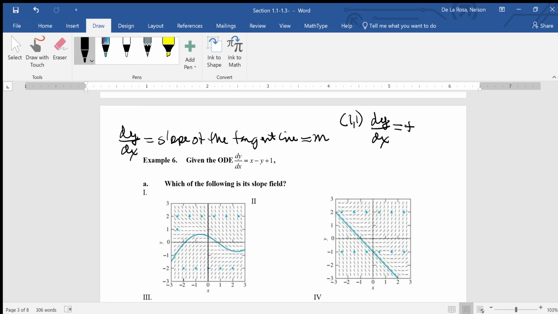You can replace any number, any pair. So what about if you replace (-1, 1)? How is dy/dx going to be?